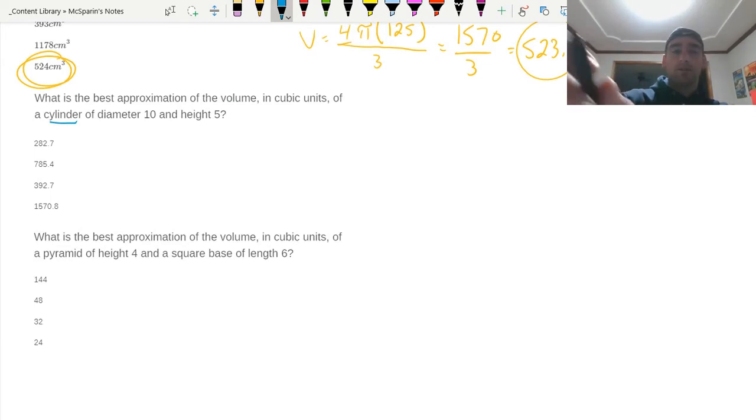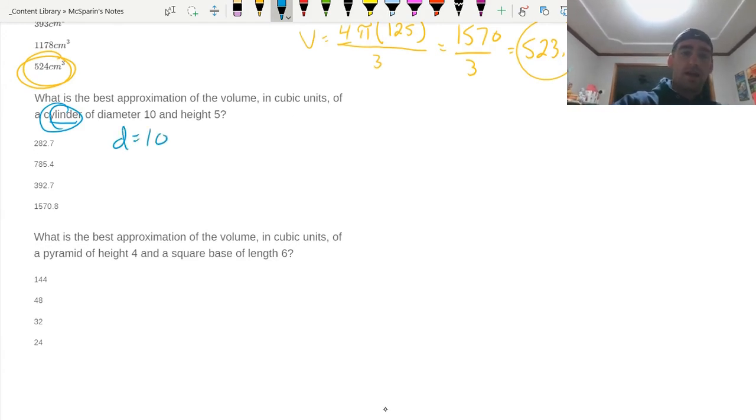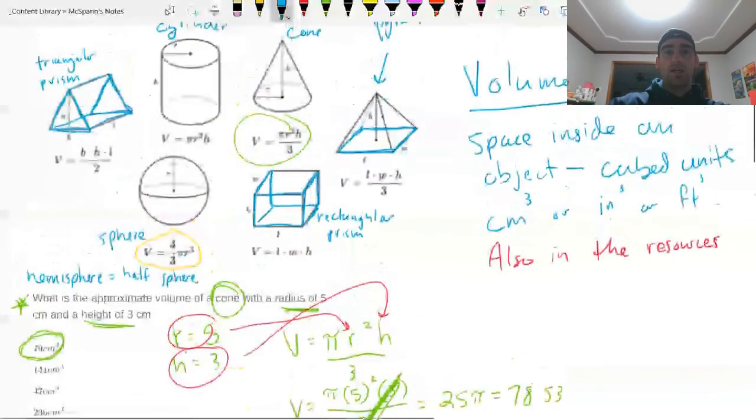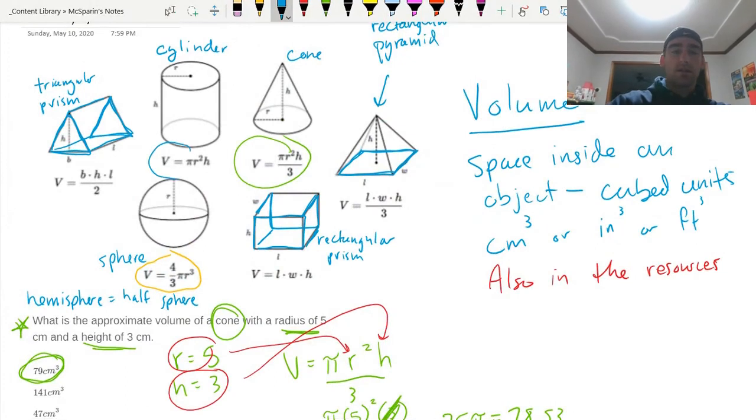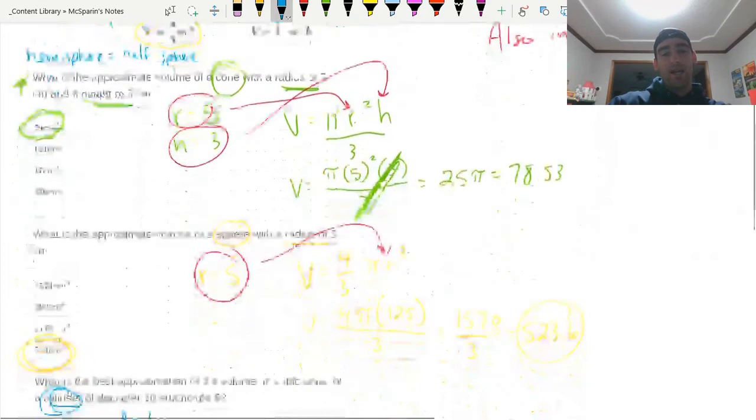It says, what's the best approximation of the volume in cubic units of a cylinder with a diameter of 10 and a height of 5? Okay, this is excellent. I'm really glad that this one's in here because a cylinder is V equals pi r squared h.